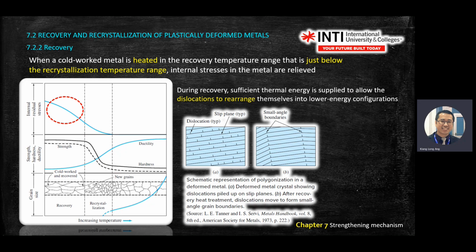If you heat it up, the defects and the surrounding atoms will find places to slot into the empty space. The diagram in the center here is just for your information.